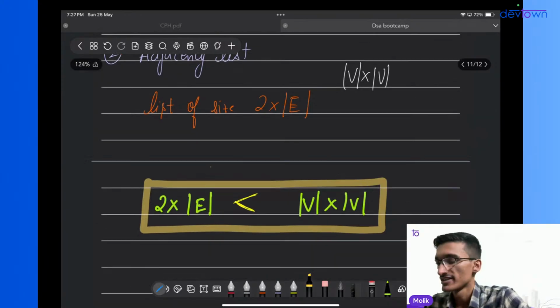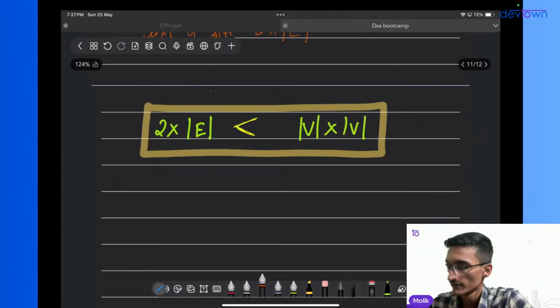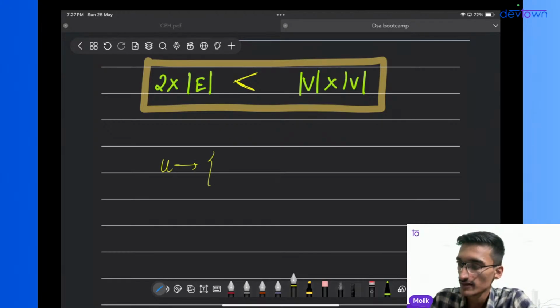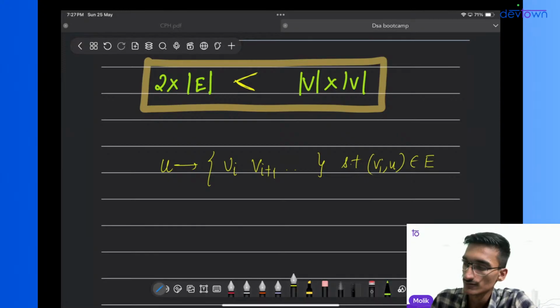So what we do in an adjacency list is, for example, there is a node u. You only add those vertices vi such that (vi, u) belongs to E, for all u.